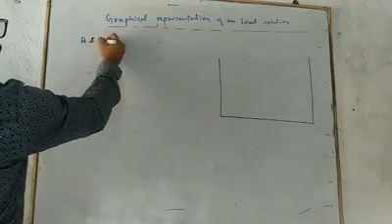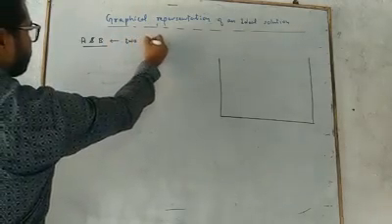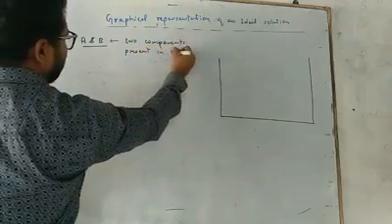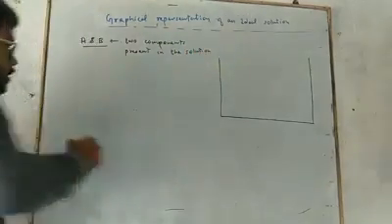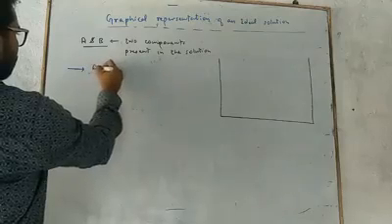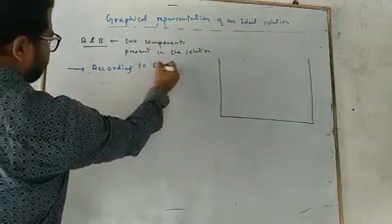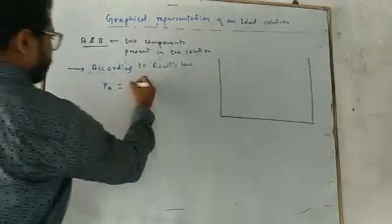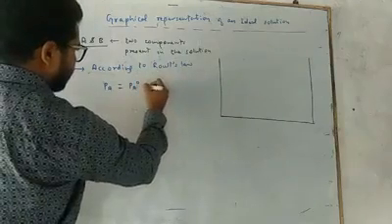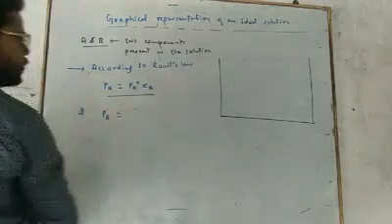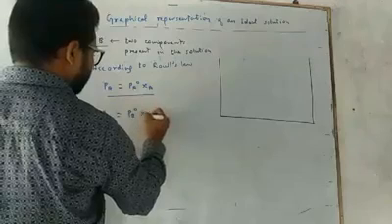We have two equations. If A and B are two components present in the solution, then according to Raoult's law, PA will be equal to PA0 XA, and PB will be equal to PB0 XB.